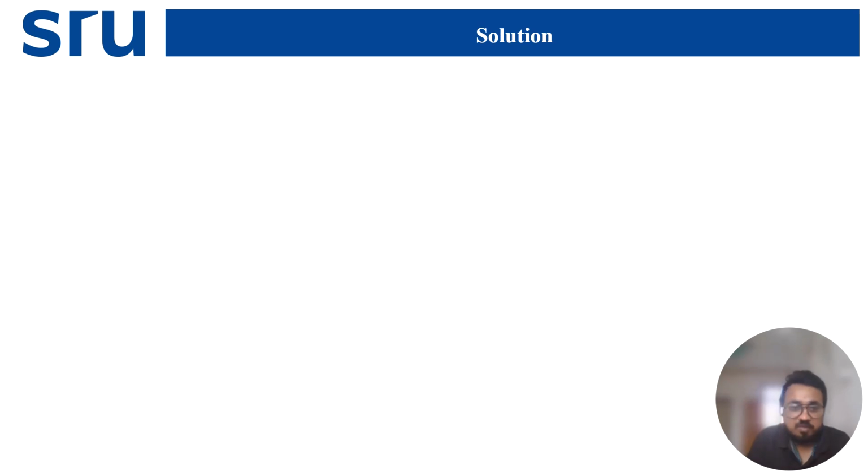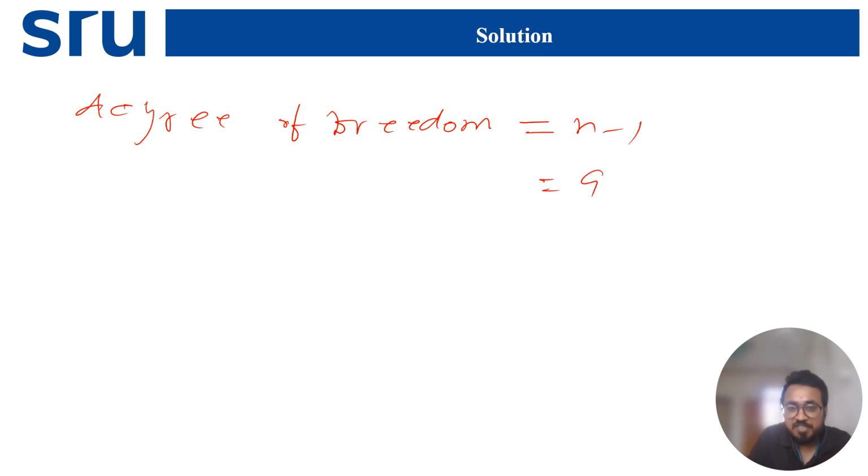So now, what is the degree of freedom? That is n minus 1. Degree of freedom is equal to n minus 1, and n is equal to 9, so this is equal to 9 minus 1, that is 8.